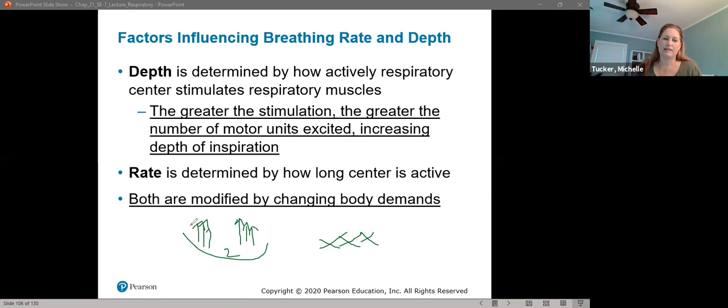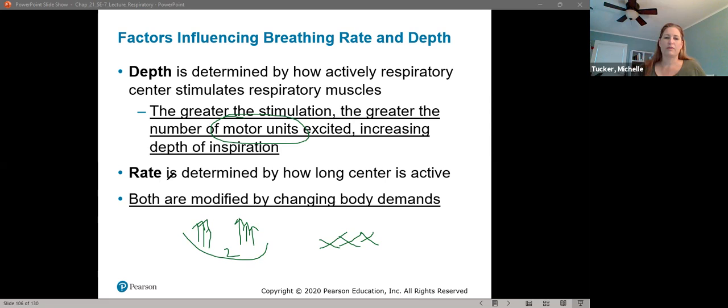And this greater number of action potentials increases the number of motor units that are excited, stimulated, and this will cause more muscle fibers to contract, further depressing the diaphragm, and the external intercostals will be more active, and this will further increase the thoracic cavity and increase the depth of inspiration. So the number of action potentials dictates how many motor units are activated, which then results in the depth of respiration.